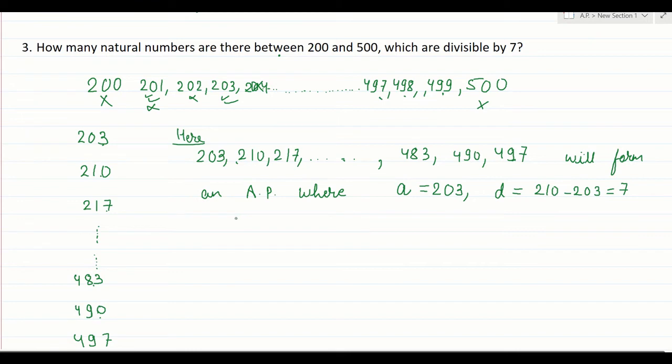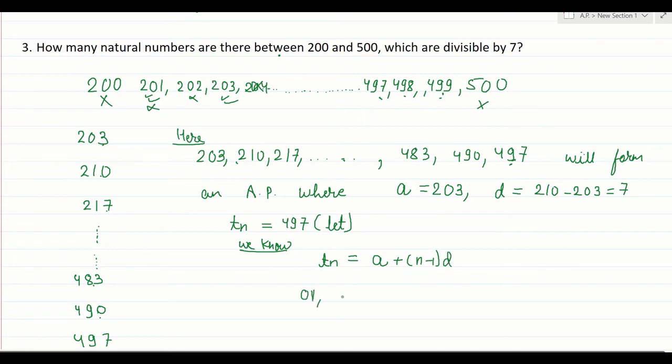Now we need to find out the number of terms. So let's consider the last term. What is the last term? It is 497. So let 497 be Tn. So Tn is equal to 497. We have supposed. Let. Then we know Tn is given by the formula A plus n minus 1 d.